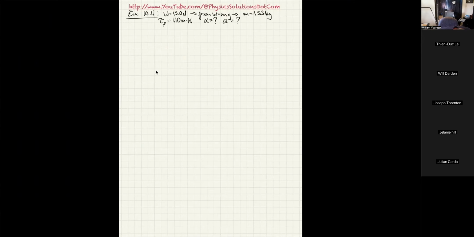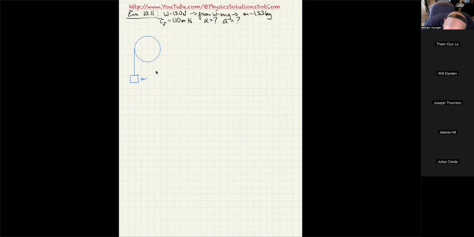So let me start off by drawing the diagram. I'm going to try to make this one a little bigger. I'm going to draw the pulley like that. In this case, what I have is a rope pulling straight down, and a mass hanging here.